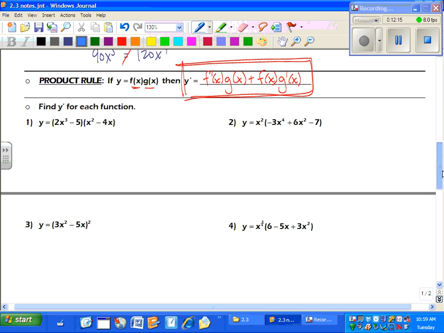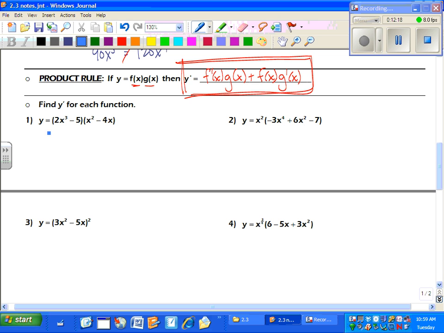So if we look at the first example here, we have two functions. This is going to be like our f of x, the 2x cubed minus 5. This is going to be like our g of x, the x squared minus 4x.